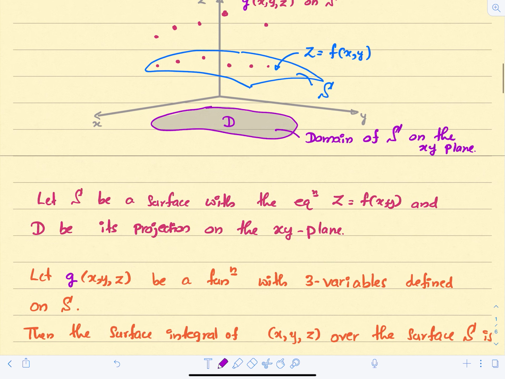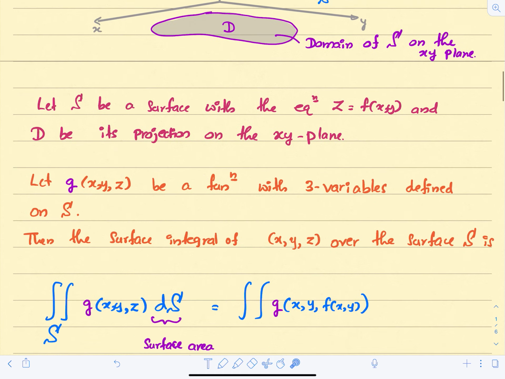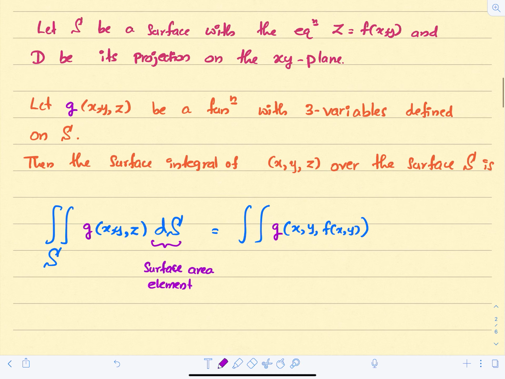Again, for the surface S, I use the equation z equals f of x comma y. Now on this surface we have a function g of x comma y comma z. So what we did was evaluate this function g on the surface. On the surface the x coordinate is x, the y coordinate is y, however your z coordinate is given by the equation of the surface, which is f of x comma y.